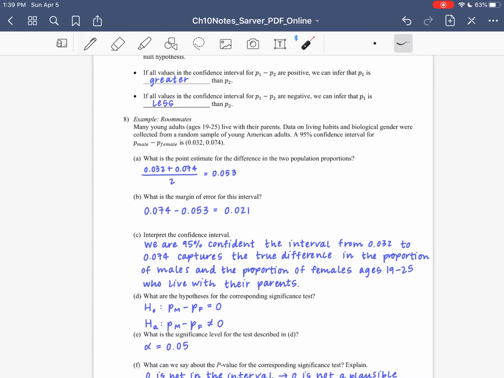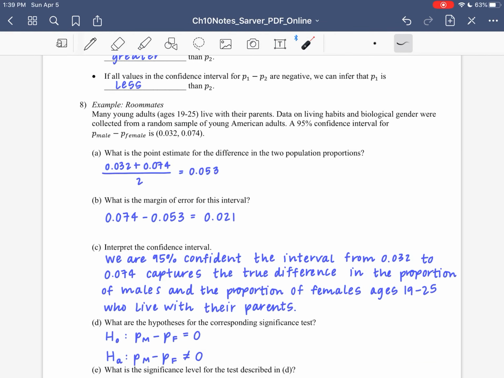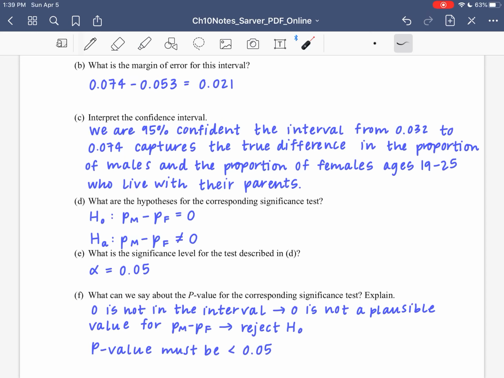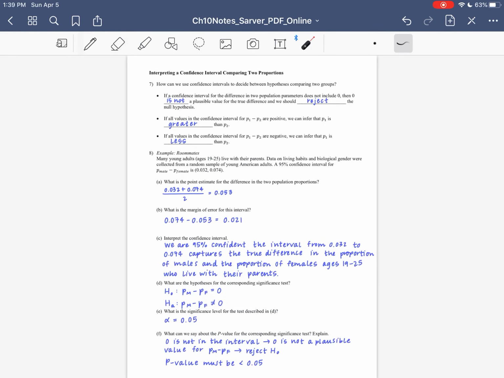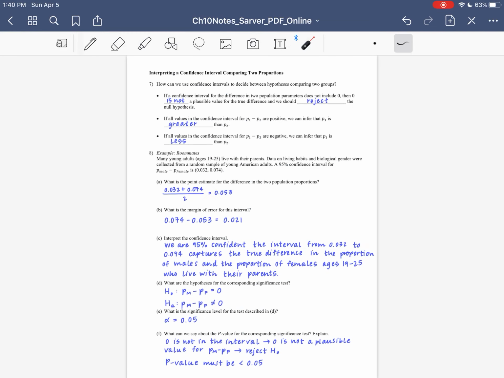Number 8 is an example about a confidence interval for a difference in two population proportions. There are also a few questions here comparing the results of a hypothesis test to a confidence interval. So I encourage you guys to look through these examples in detail and make sure that you feel confident in doing each of these pieces.